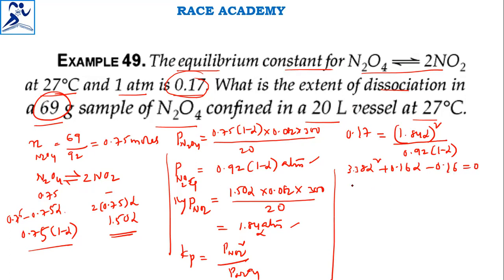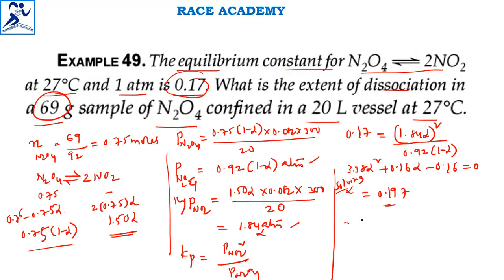If you solve this using the quadratic formula, you will get the value of alpha as 0.197.